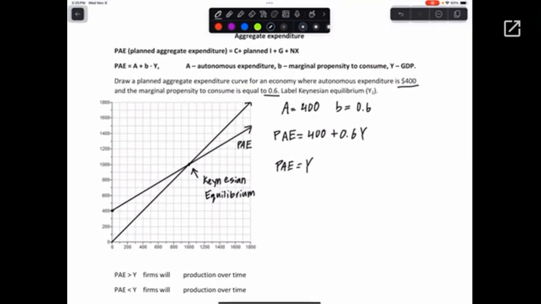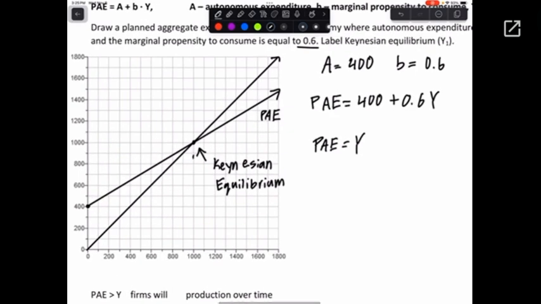And the Keynesian equilibrium will always occur where planned aggregate expenditure equals output. Let's go ahead and label this as Y star.